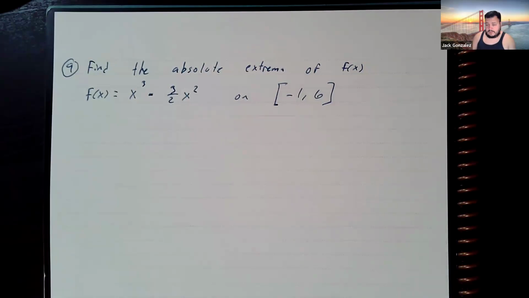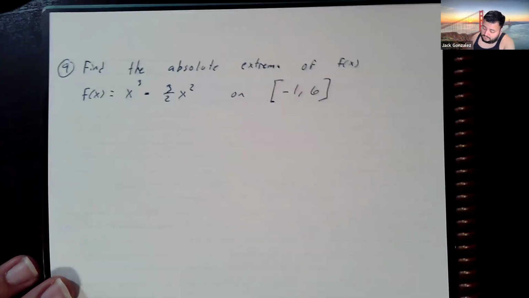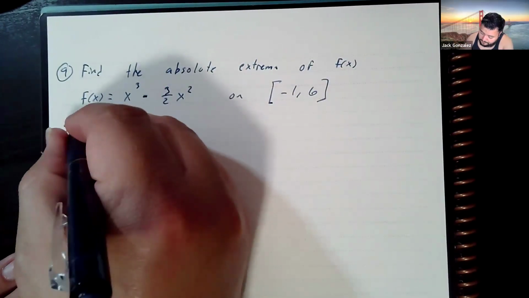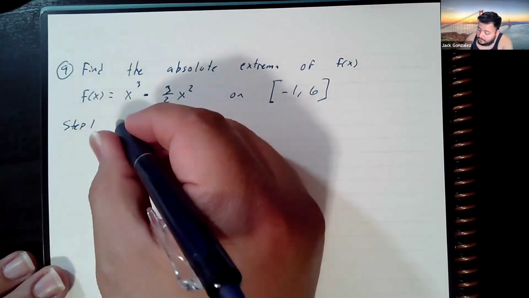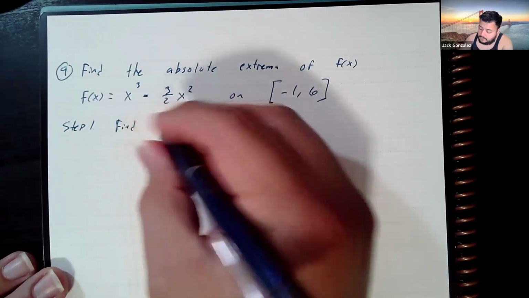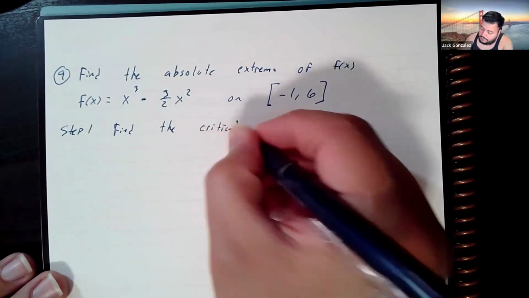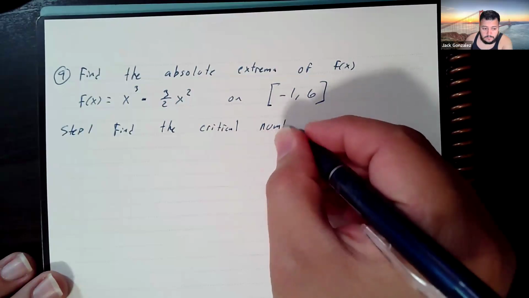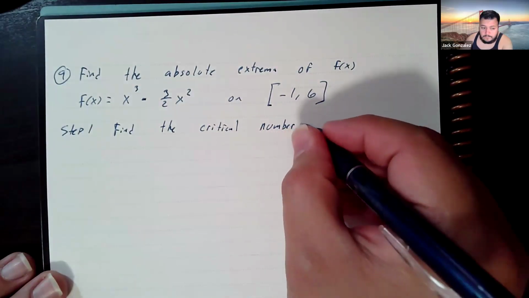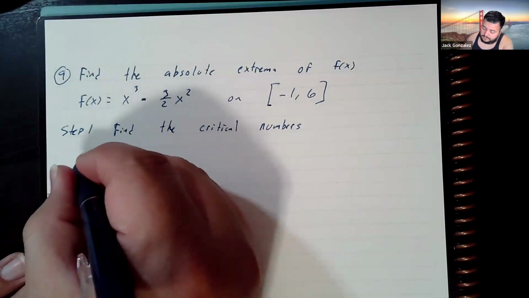That'll be your max and min, okay? So step one, find the critical numbers.